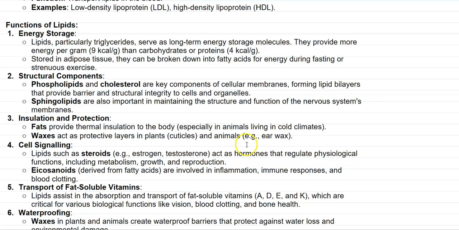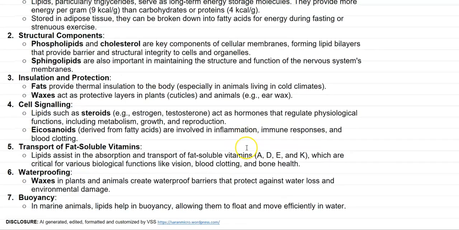The next one is the structural component of the cell. Lipids serve as a structural component in the cell membrane, especially phospholipids and cholesterol. Phospholipids form the lipid bilayer of the cell, whereas cholesterol maintains the fluidity of the cell membrane.